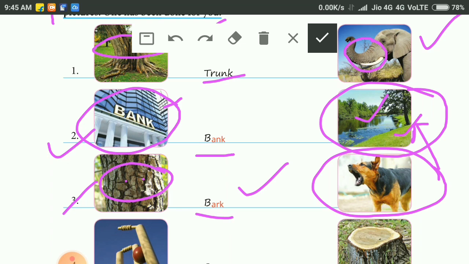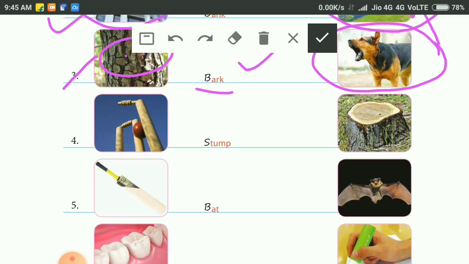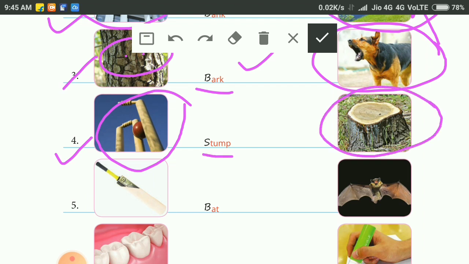Now the next picture. Picture number 4. You can see here the correct word for both the pictures is stump.